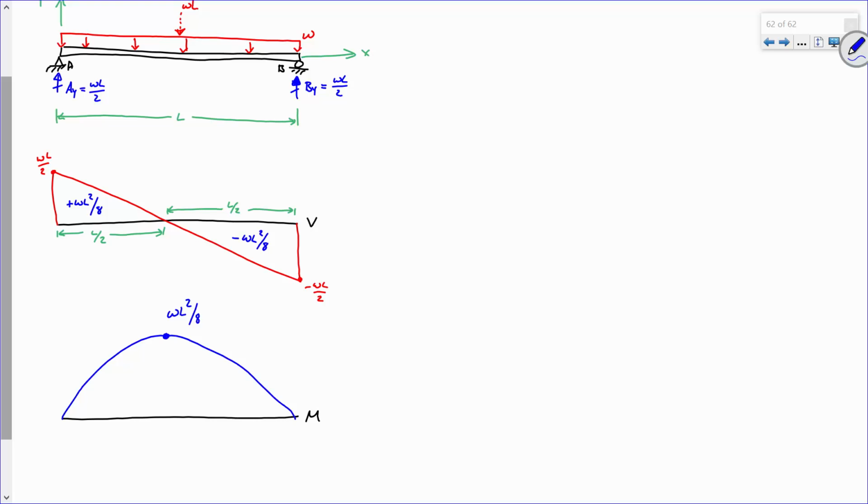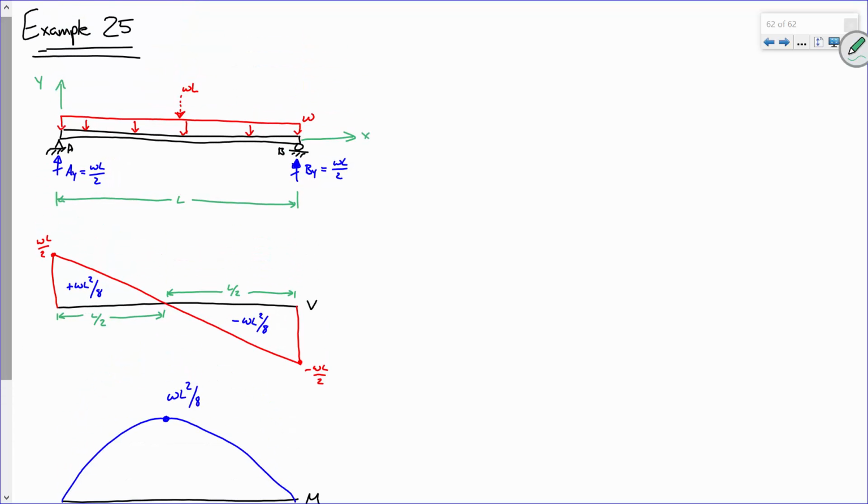All right. So, let's go up here, and let's cut a section at some distance, x. All right. What do we have? I have this. I have that.